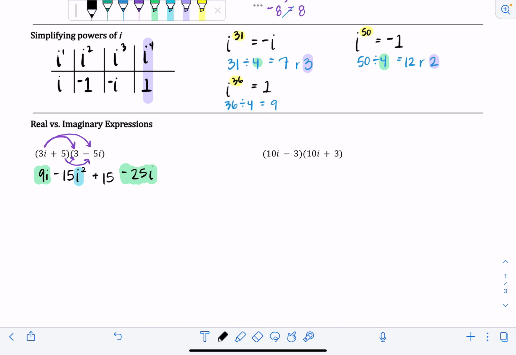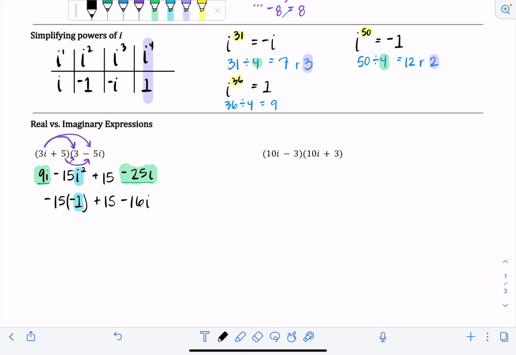So I'll probably combine my 9i and -25i last. So I'll start with -15. Replace my i squared with -1, and then bring down the plus 15, and then I can combine 9i, -25i, those together are -16i.